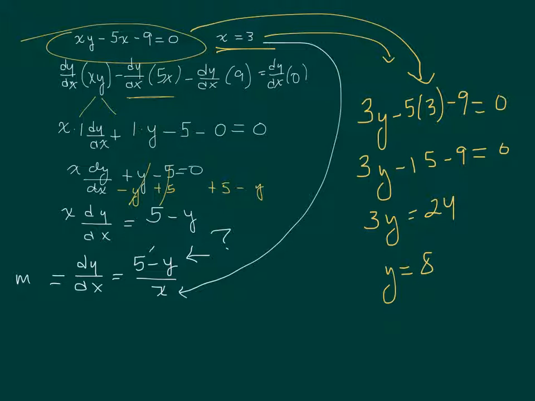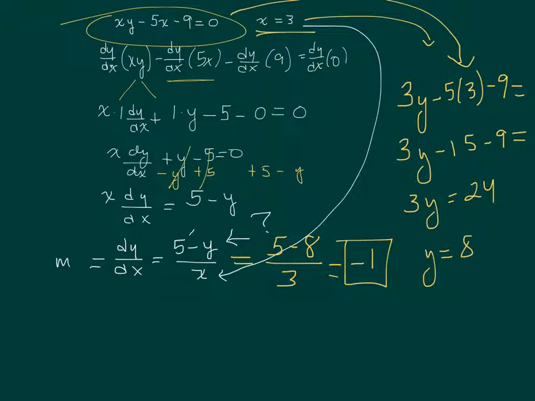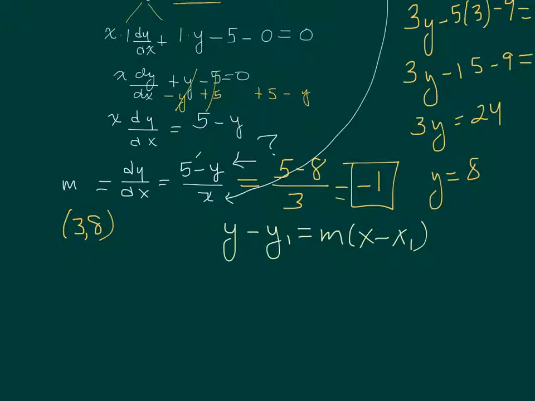So now I have everything I need to plug in here. I have 5 minus 8 over my x, which is 3. This is going to be negative 3 over 3, which is negative 1. And that's my slope. Now I have a slope and a point, (3, 8), so I can use point-slope form, y minus y1 equals m times x minus x1, and start plugging everything in.